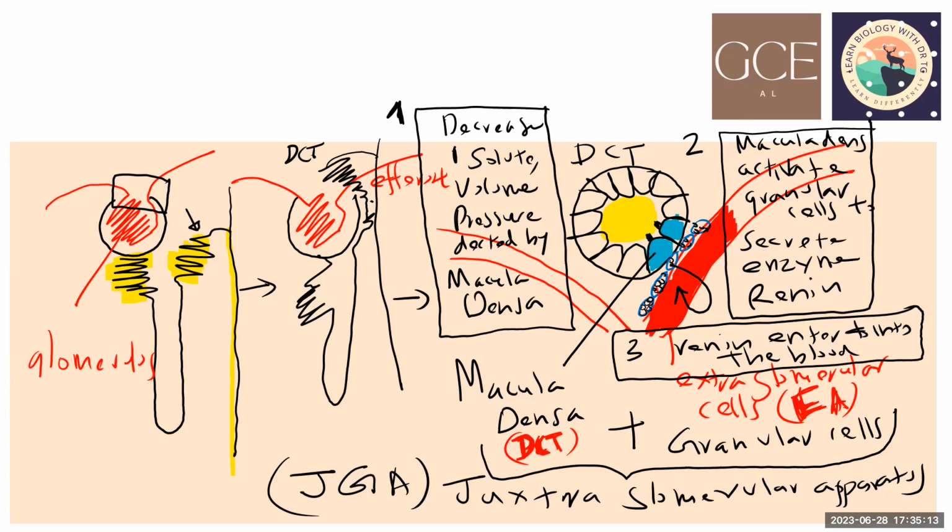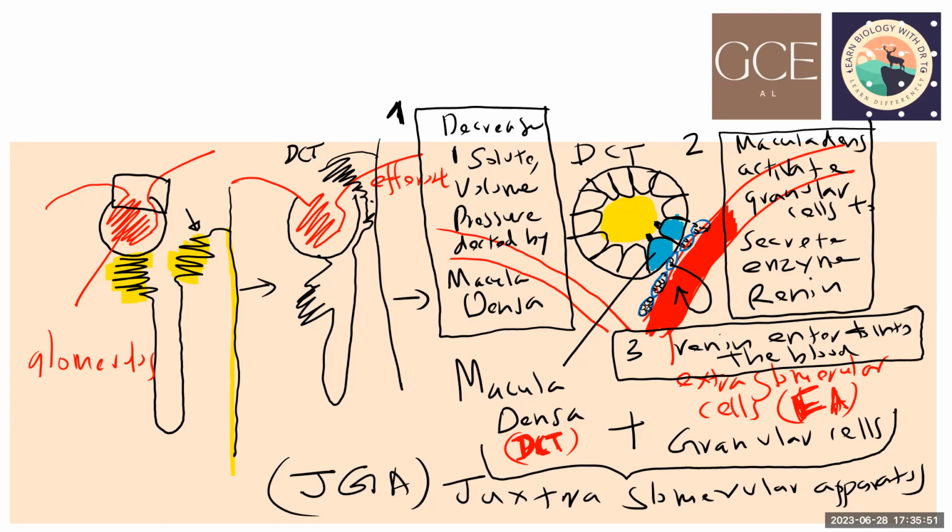Now, these three steps: decreased solute, volume, and pressure detected by the macula densa; the macula densa activates the granular cells to secrete the enzyme renin; renin enters the blood. Next, we are going to see what is the role of renin. As the blood concentration of renin increases, what can renin do to the body? So 1, 2, 3. Now we go to the fourth step.